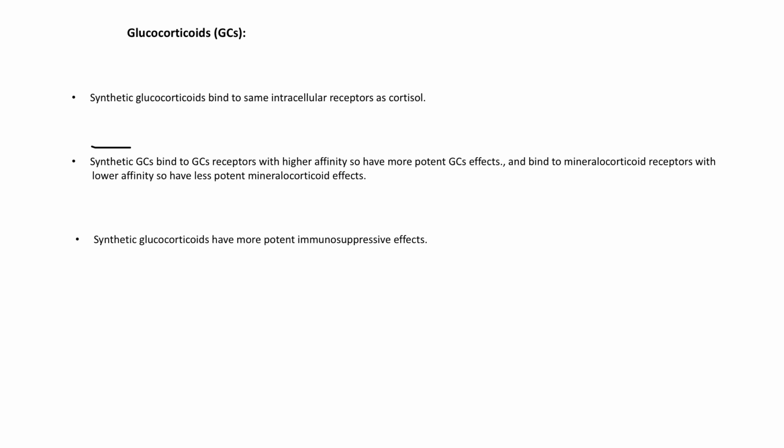However, synthetic glucocorticoids bind to mineralocorticoid receptors with lower affinity, so they have less potent mineralocorticoid effects. So in this section, we discussed about mechanism of action of glucocorticoids, and in next section, we'll discuss about anti-inflammatory effects of glucocorticoids on different aspects of inflammation.